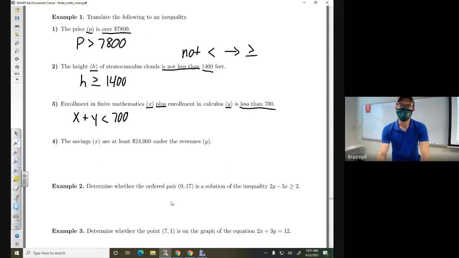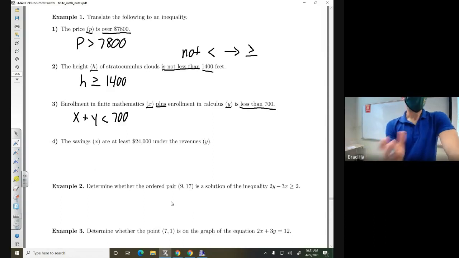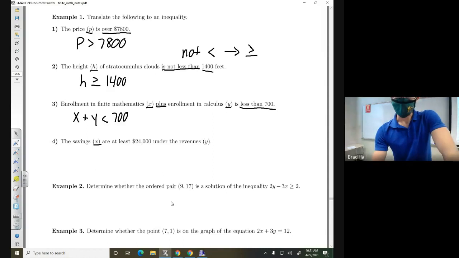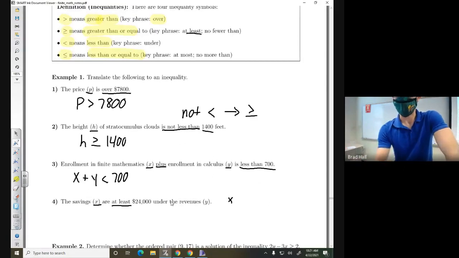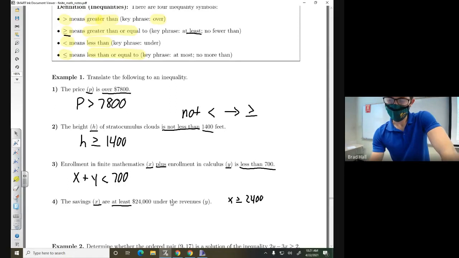And then the last one's a little bit tricky. I figured I would just tell you all this one because this is more of a MyMathLab nitpick than anything else. If you try to read this directly, the savings X corresponds to greater than or equal to 24,000 under the revenues, but this is not correct.